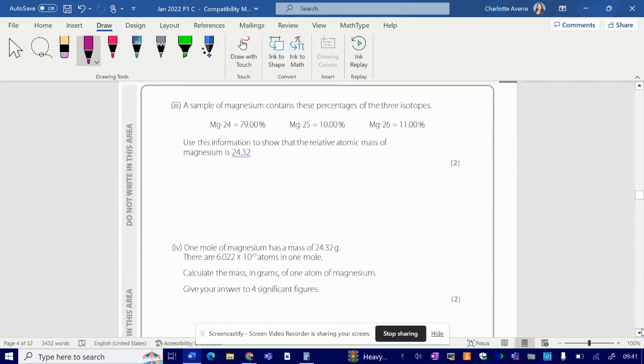Okay, we need to work out the relative atomic mass. Now it has already told you what the relative atomic mass is, so you don't get a mark just for giving the answer here, because it has given you the answer already. Your marks are for showing your working. So you take your percentage of isotope 1 and multiply them together. And you add that to your percentage of isotope 2 and your percentage of isotope 3.